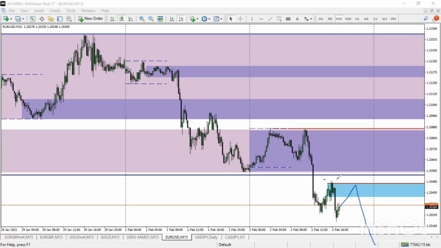Or if they take out this liquidity here, these are short-term liquidity, and there's a gap here. So then they can go up here, then they drop. If they decide to take out those highs, they'll be going there to this order block here. Always mark the order block above or below the liquidity. This one here. That's why I'll be expecting them to do a stop hunt and then they drop.